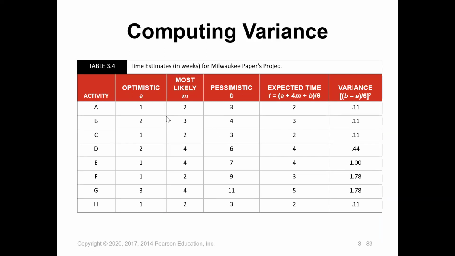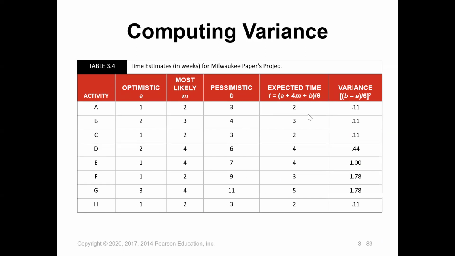So this is another example here from table 3-4. If you go to your textbook, you will find this table. So we have activity A, B, C, D, E, F, G, H. Optimistic time, for example, for each activity is given. Most likely is given. And pessimistic is given.